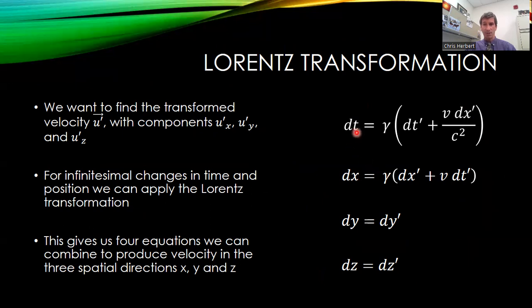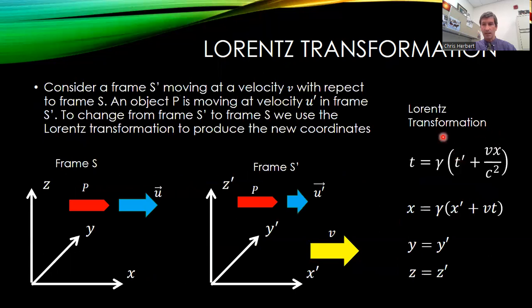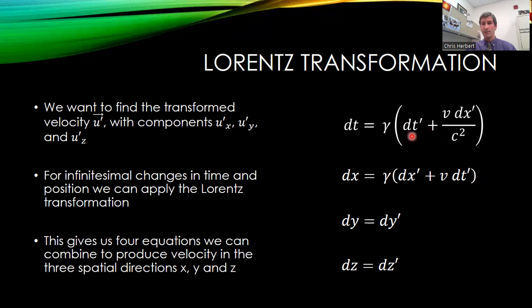An infinitesimal change in time from the prime frame to the unprime frame is equal to gamma times the original time, plus we have to take into account movement, velocity times dx over c squared. So what we're doing here is we're taking this and turning it into an infinitesimal amount. So t prime becomes dt prime and dx becomes dx prime.